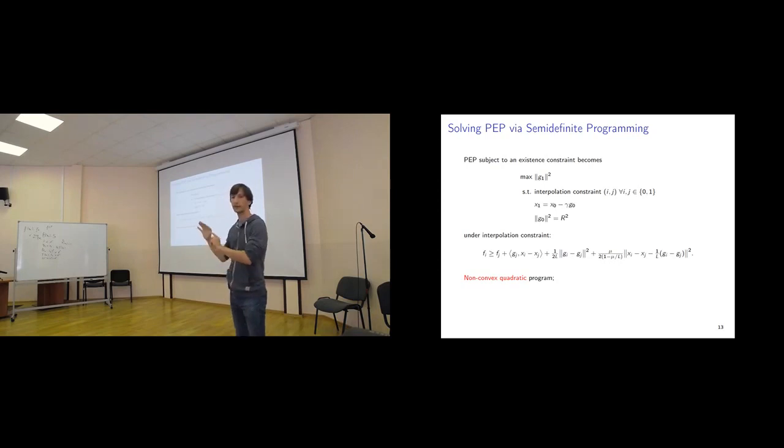So the thing is, it's non-convex, and actually, it's not really a problem that it's non-convex. The problem is that if we solve that problem to local optimality, it's not a guarantee. So we want a guarantee on the performance of gradient descent, right? And so if you solve that only locally, it's not a guarantee on the performance of gradient descent.